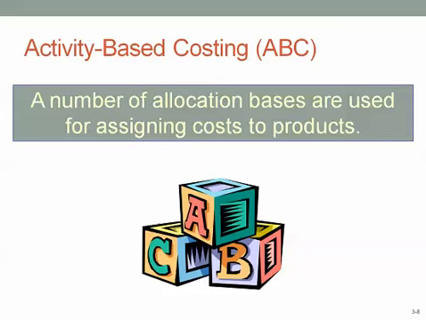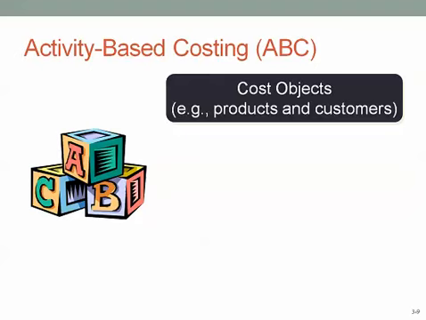So again, in activity-based costing, we'll use a number of allocation bases to hopefully assign costs more accurately to products than if we had used a simple single plant-wide predetermined overhead rate or departmental overhead rates. The basic idea of an activity-based costing system is as follows. A customer order, a cost object, a product or a customer, triggers a number of activities.